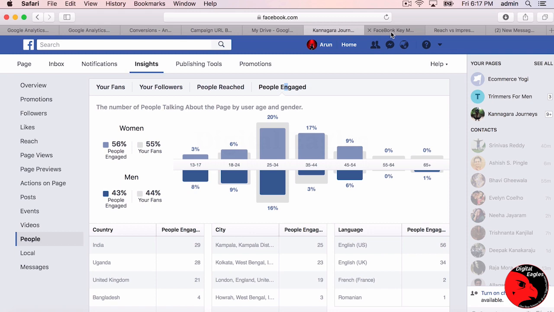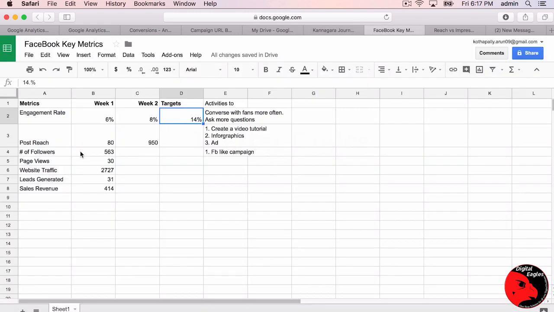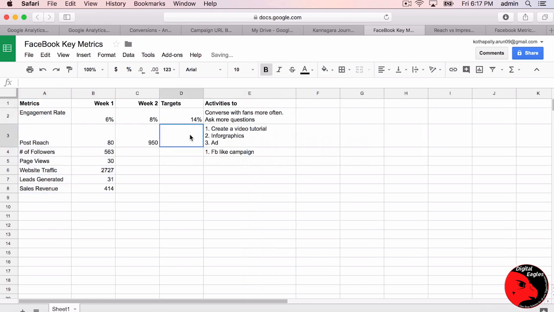You will get qualitative metrics, not just quantitative metrics. So have such a table in mind. Maybe if you're just focusing on Facebook, create a separate Google Doc for this, create a table like this, and maybe you can list all the activities you plan to do to achieve your targets.